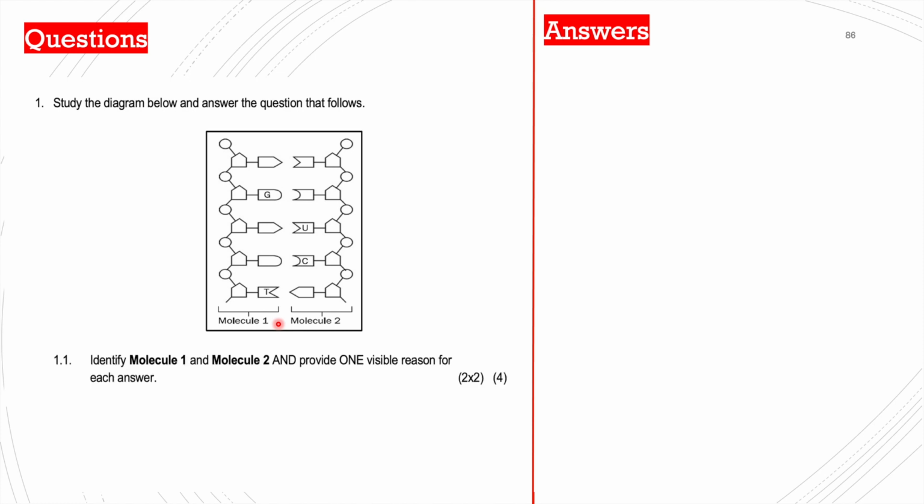Now, what is the question? Question 1.1, identify molecule 1 and 2. On top of that, provide one visible reason for each answer. So it is going to be 2 for the names of the molecules, and then 2 for the reasons why you say each molecule belongs to which nucleic acid.